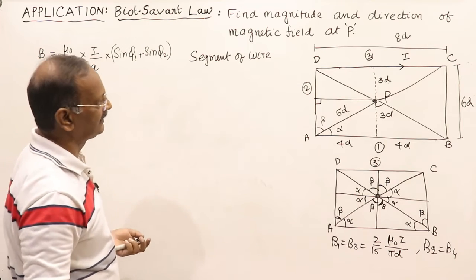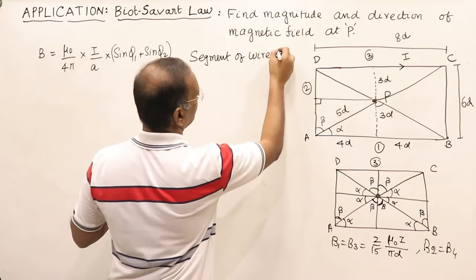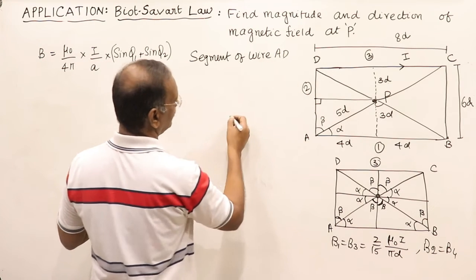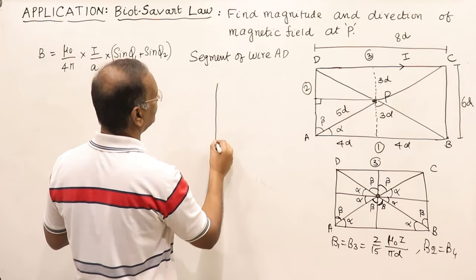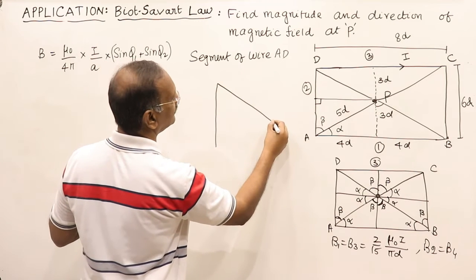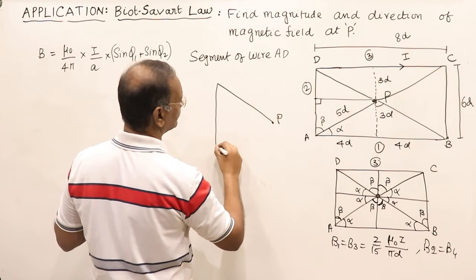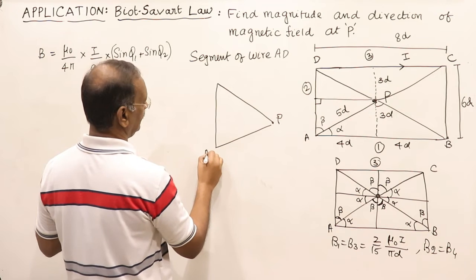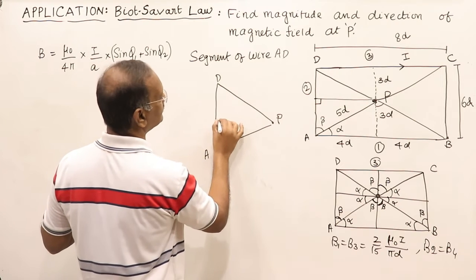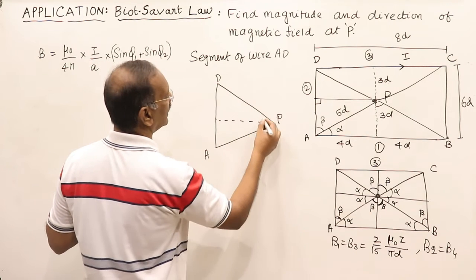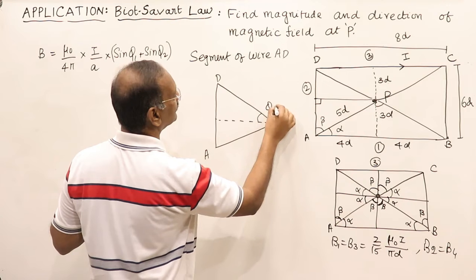Segment of wire AD. So we can write like this. This is the point P. This is A, this is D. This is the perpendicular distance, and this is phi 2.